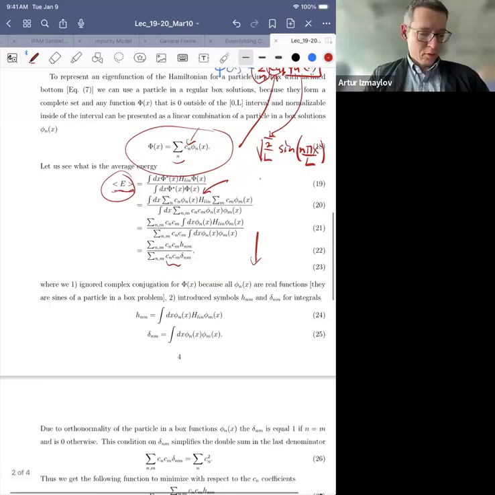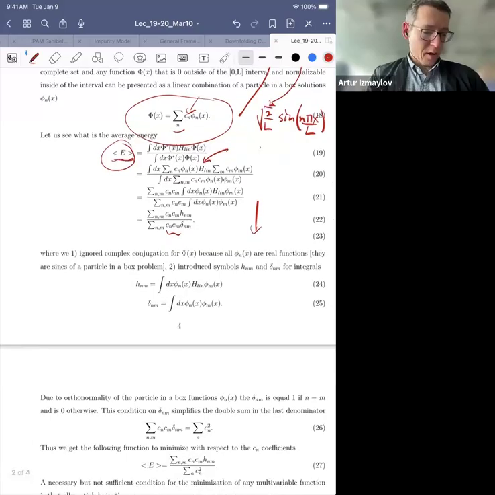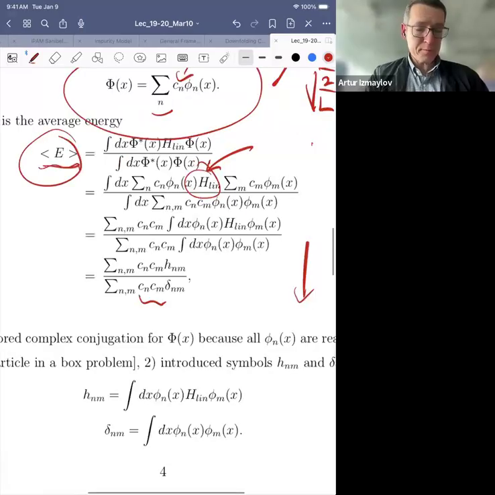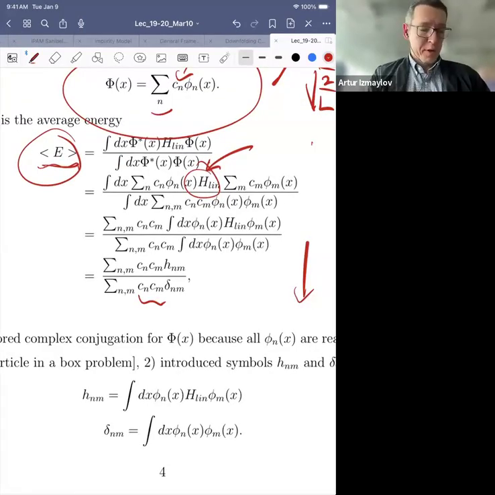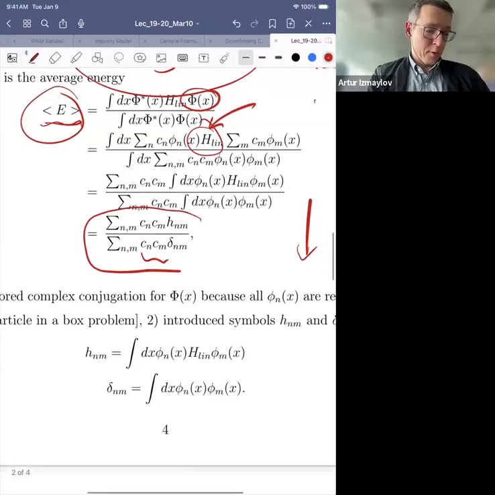Now, with that, you just apply the Hamiltonian to the linear combination that represents your trial function, and you obtain this simple expression. Why is it simple?